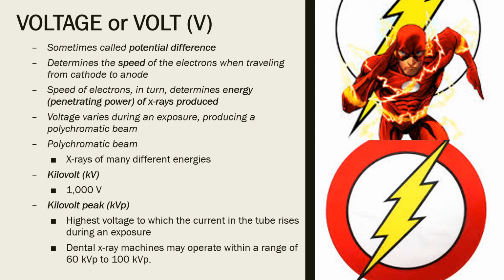The kilovolt peak is the highest voltage to which the current in the tube rises during an exposure. Machine controls set to 60,000 volts have the capacity to produce 60 kVp. And as mentioned, most dental X-ray machines operate with a range of 60,000 to 100,000 volts, or 60 to 100 kVp.